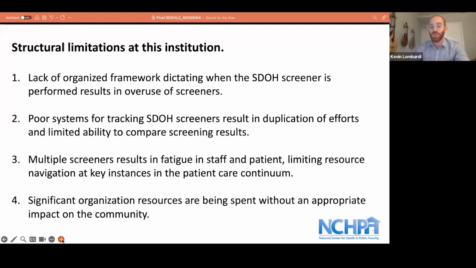And for the resources, if you consider how many patients go into a community hospital and the duplication of efforts, we're possibly talking about hundreds of thousands of dollars a year in wasted time that could be used doing other things. Evaluating how screeners are used, in not just SDOH but anything, is a great way to increase the efficiency of your workplace and identify redundancies.